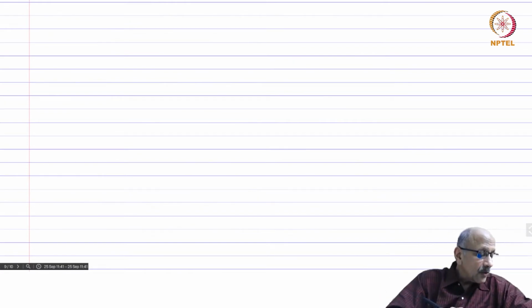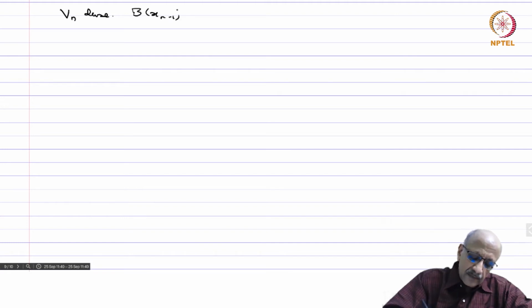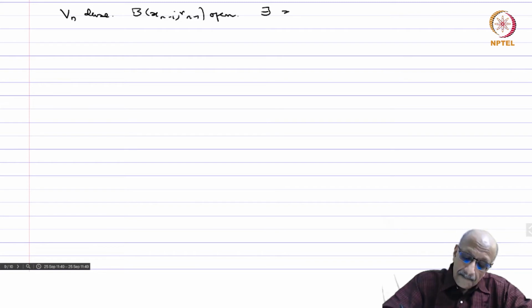Okay, so now we take Vn, which is dense, and B of x(n minus 1), r(n minus 1) is also open, and therefore there exists an xn in Vn intersection B of x(n minus 1), r(n minus 1).